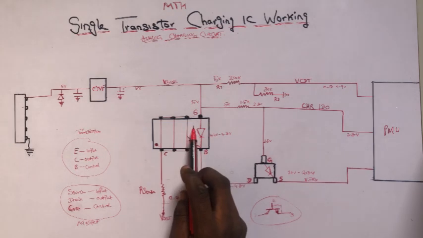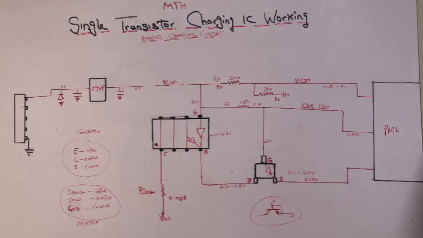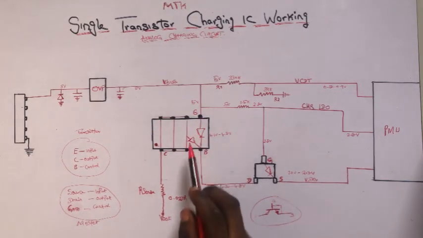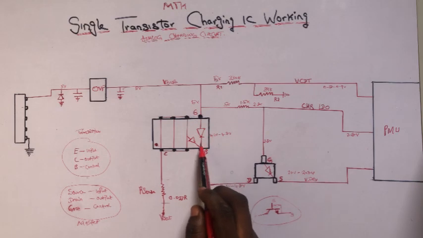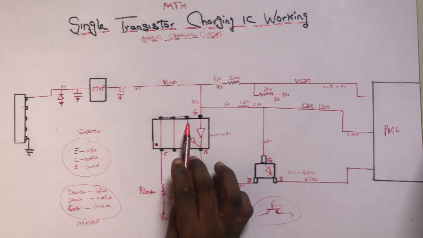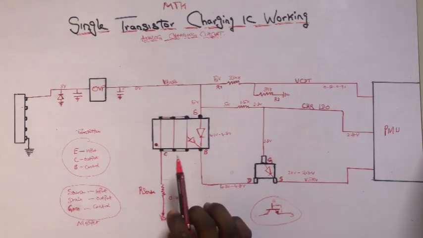So now let's come to this our transistor charging IC. Let me explain it to you. The emitter pin will get the 5 volts, and there's a diode connected internally. But before I explain the functions of this diode, let me first explain why I connect these 6 pins together.